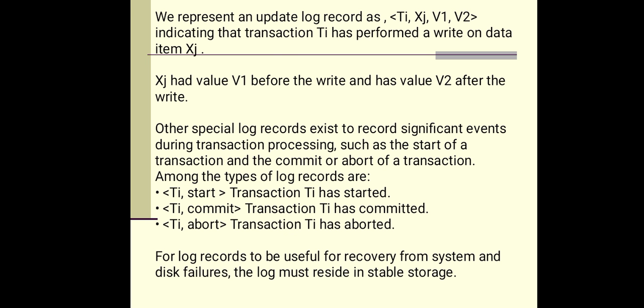Ti start means transaction Ti has started. Ti commit means transaction Ti has committed, and Ti abort means transaction Ti is aborted. So these log records show all the information about the values in the database, and when the transaction gets started, when it is committed and when it is aborted.